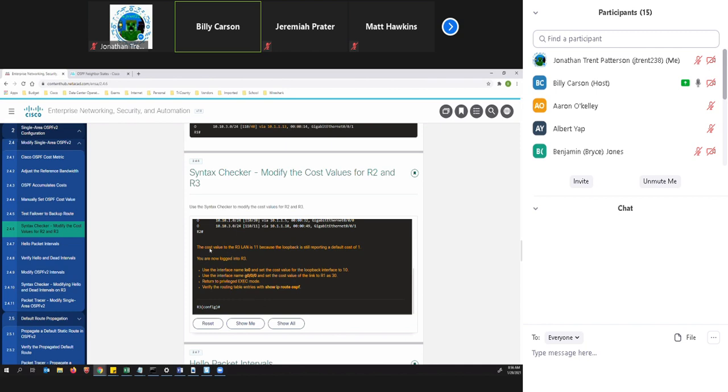The cost value to router 3, LAN 11, because loopback is still reporting a default cost of 1. It says you're now logged into 3. Use the interface name L1, go to that interface.